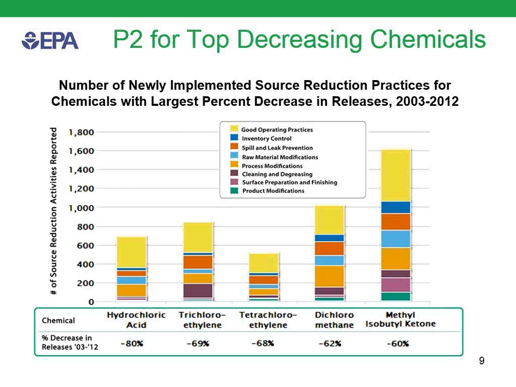So we know these are areas where progress is possible, and we see that different types of practices have applied to different chemicals. Trichloroethylene, cleaning and degreasing contributed, whereas dichloromethane has been a lot more process modification. So this just gives ideas of what types of practices are out there to reduce releases of certain chemicals.